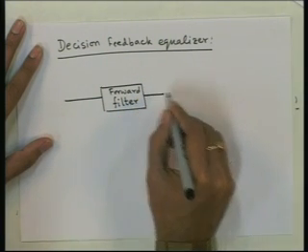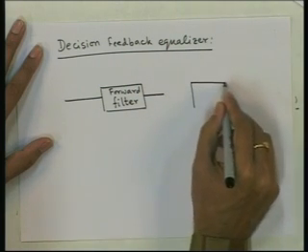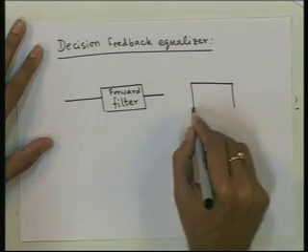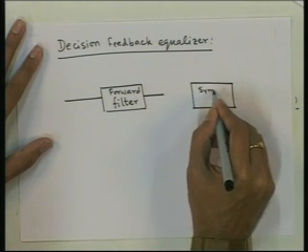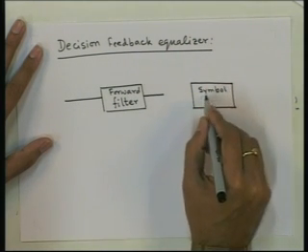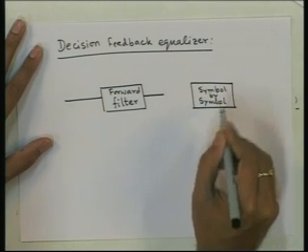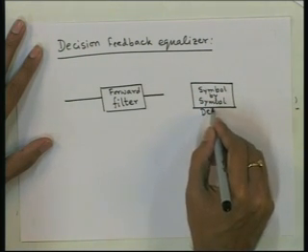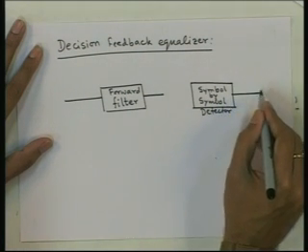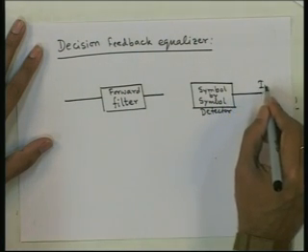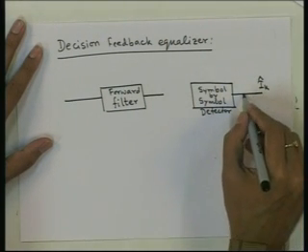And then we will have, of course, this symbol by symbol detector, and then we will have the estimates of the symbols I k, the information symbols.